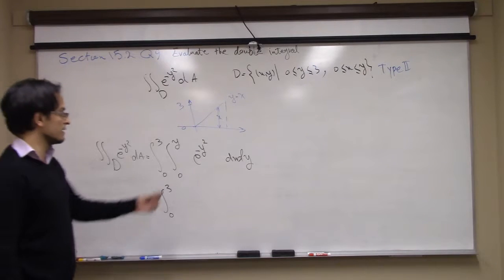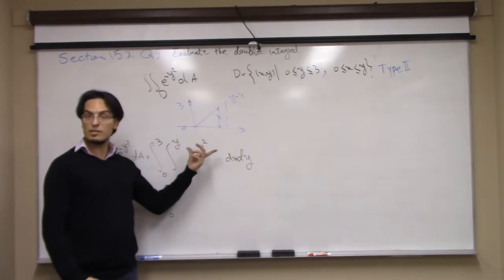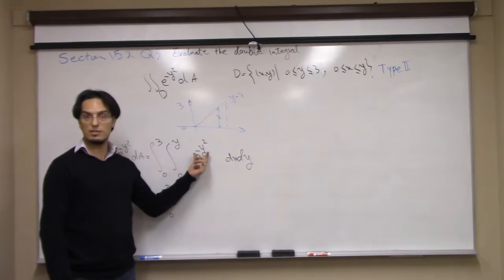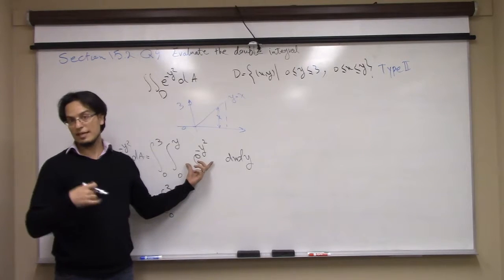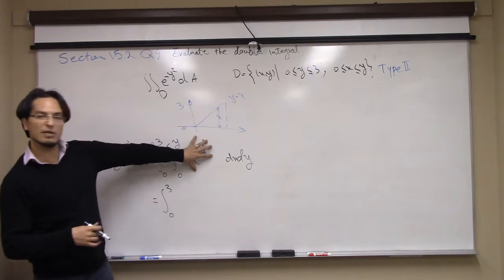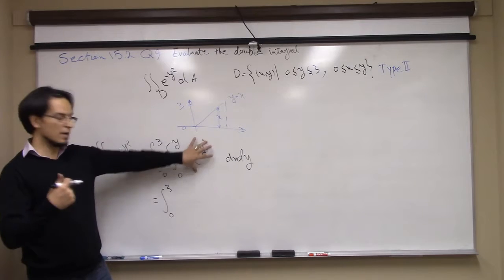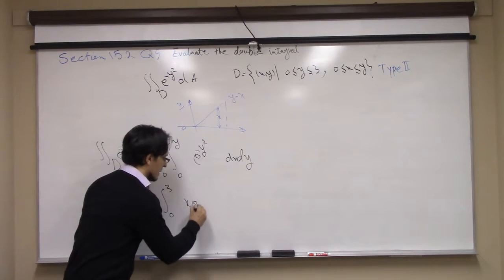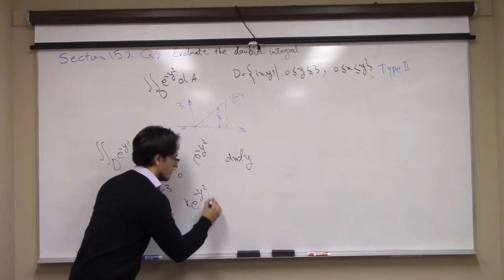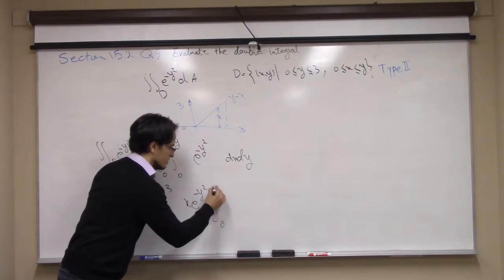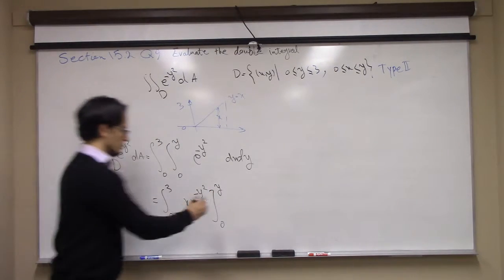Okay, so my double integral is ready to go, and I'm integrating with respect to x, meaning that y is constant. If y is constant, y squared is constant, negative y squared is constant, e to the negative y squared is constant. The antiderivative of a constant is x times that constant, and this time you go from 0 to y, dy.